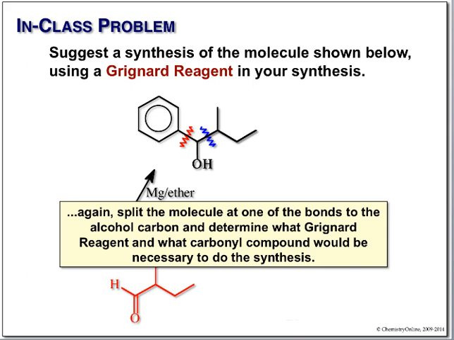Well, this time, the Grignard reagent is a 1, 2, 3, 4 carbon chunk. It was attached at carbon number 2.